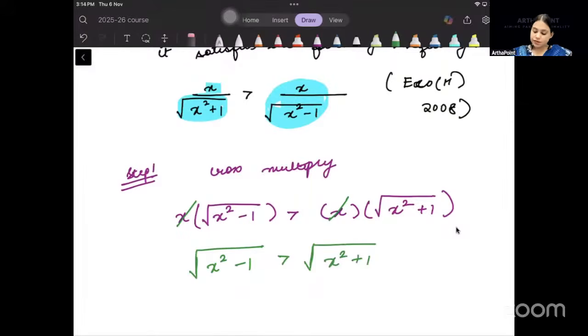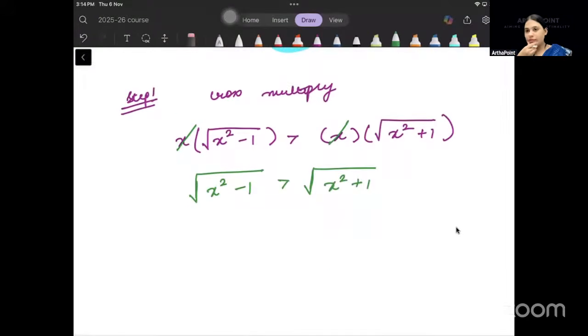Just think about it, एक बार सोचो, ध्यान से सोचना। Supposedly I square on both sides, I will get x square minus 1 greater than x square plus 1. Listen to me very carefully.